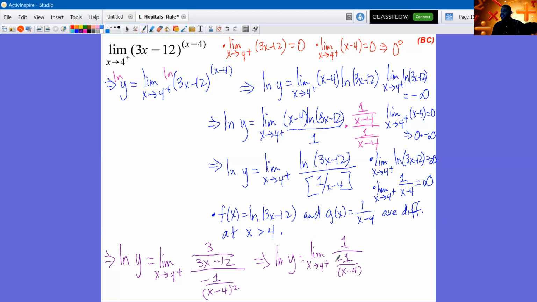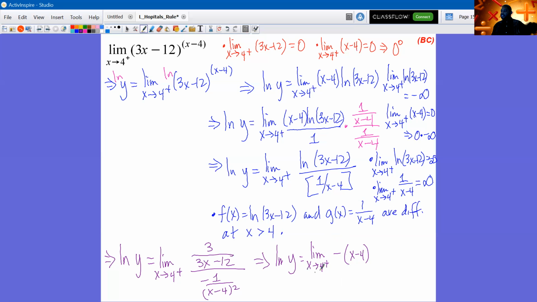So if I plug in 4 here, actually you need to simplify this because if you plug in 4, it's not going to help. So that was the original fraction. When you simplify that, you're going to get negative x minus 4.